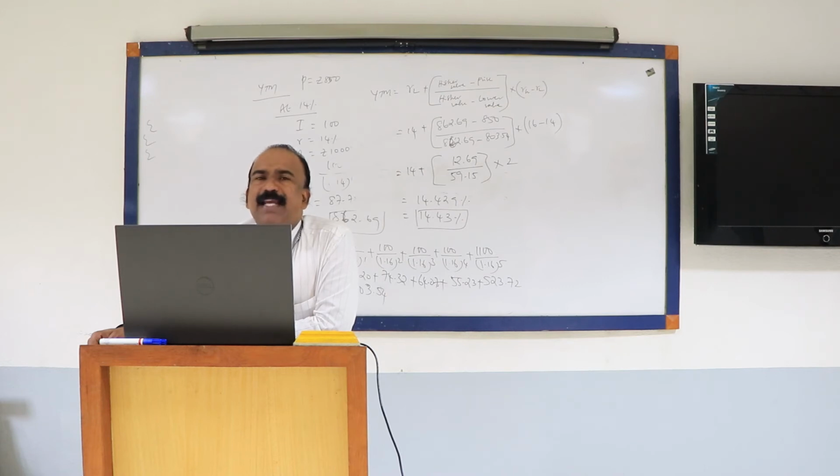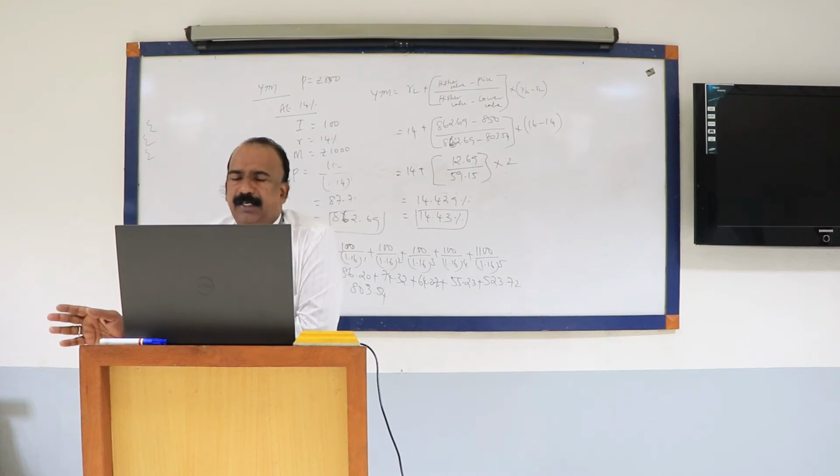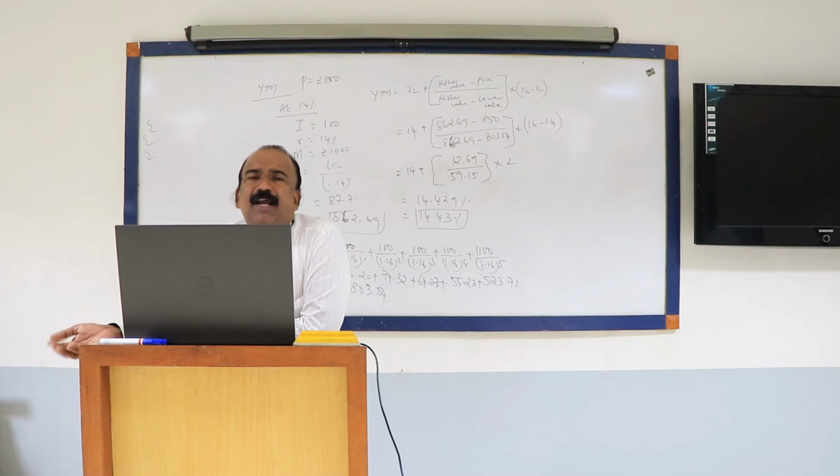What is the approximate YTM? You need not use the trial and error method; you will have to calculate the approximate YTM. The price is higher than the par value. So will the YTM be less than the coupon rate or more than the coupon rate? Yes, less than the coupon rate, because the price is higher.